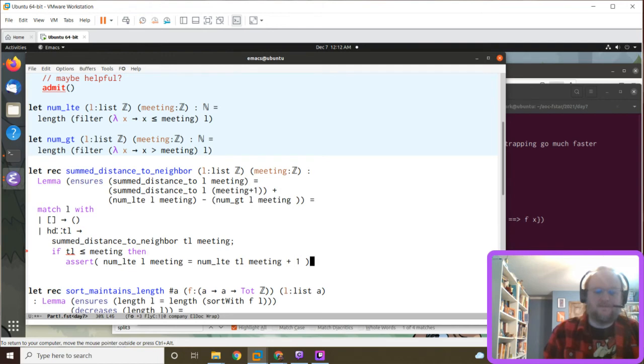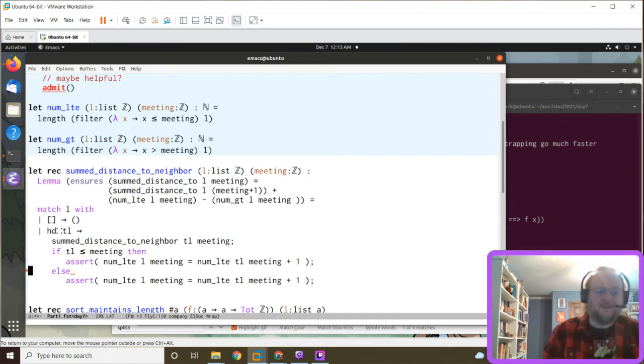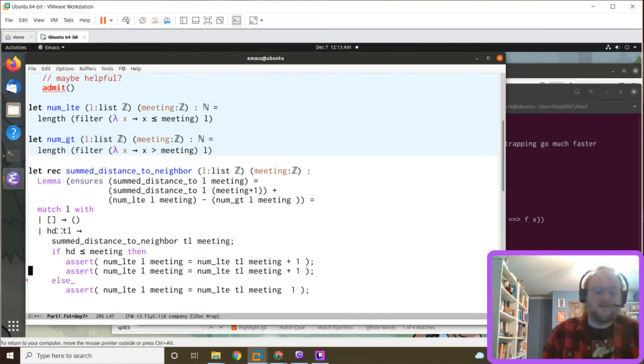So if the head element is less than or equal to, then this relationship exists. Otherwise, we need to do both of them.